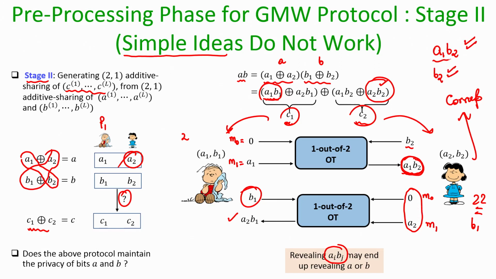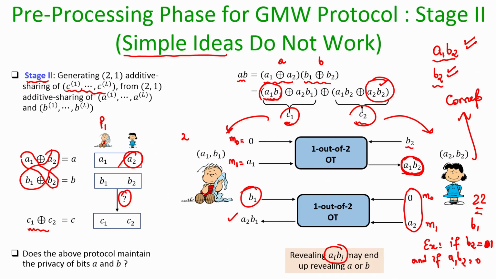Now, comparing A1 times B2 and B2, she may end up learning A1. How? Say for instance, if B2 is equal to 1, and if A1 times B2 turns out to be 0, then she learns that A1 is 0, because if A1 would have been 1 and B2 is equal to 1, then she should have got A1 times B2 to be 1.